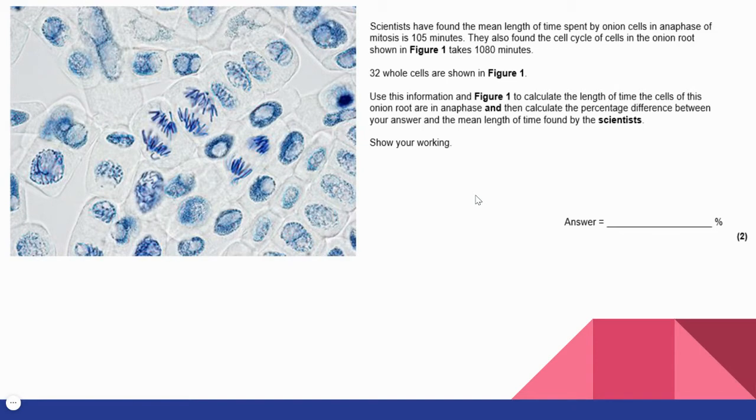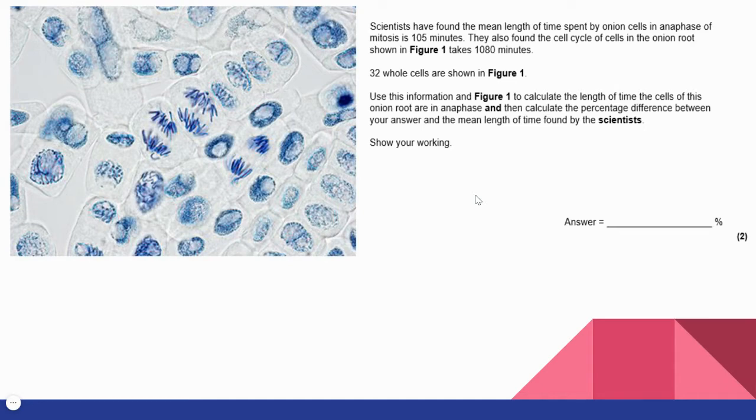Scientists, actually, these questions are built on real experiments. So scientists have found from onion root tip cells, these are cells of onion root tip in figure 1, that they take about 105 minutes in their anaphase stage. And for them to complete the whole cell cycle, they take about 1080 minutes.